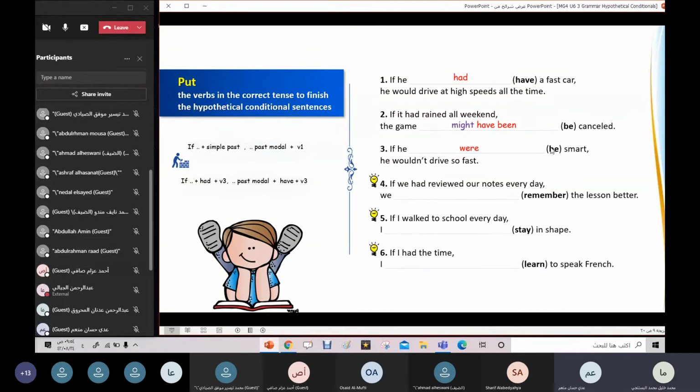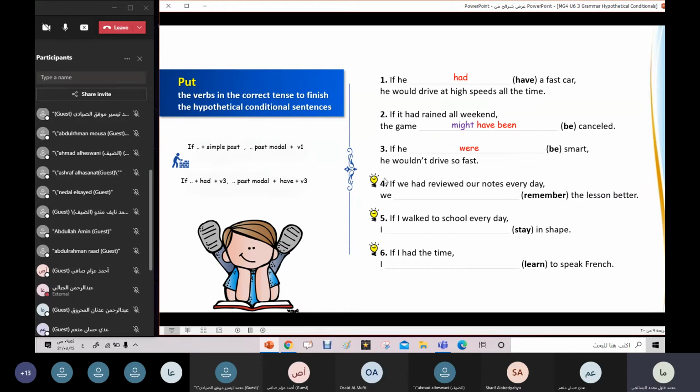We can use was or were, but as we said before, were is more formal. If he were smart, he wouldn't drive so fast. Here we have the first or the second type? This is if plus simple past, then here we have would plus verb 1.